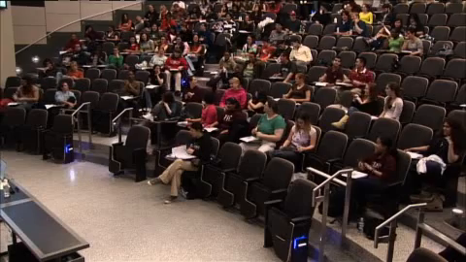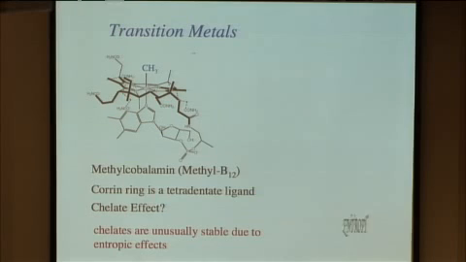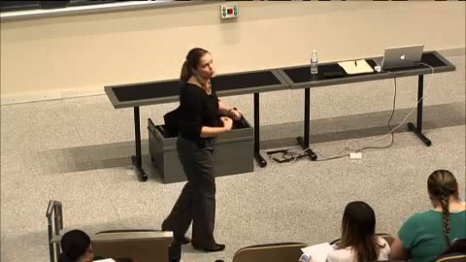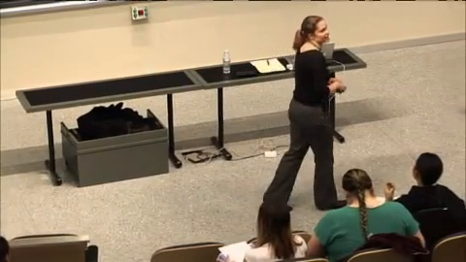Right, so chelates are unusually stable due to entropic effects. So it's an entropy effect. If you have a metal that's free in solution, it's going to bind to a lot of water molecules. And often metals like to bind to 6 things. You see a lot of octahedral complexes. So if you have a metal bound to 6 waters and you bring in a chelate that will bind with multiple points of attachment, such as EDTA, which binds at 6 points of attachment, that one molecule of EDTA will displace 6 water molecules.